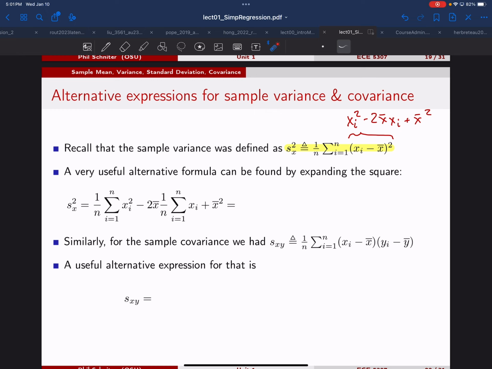So the second term would become 2x bar squared. Exactly. So we can remember that this is actually the definition of x bar, and then we have minus 2x bar squared plus x bar squared. And so we can combine those last two terms. So we have this minus x bar squared.